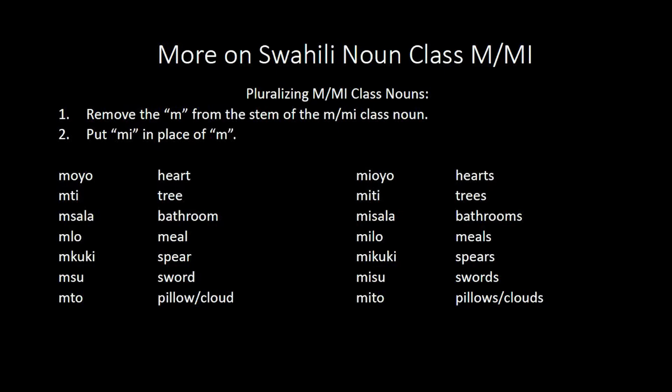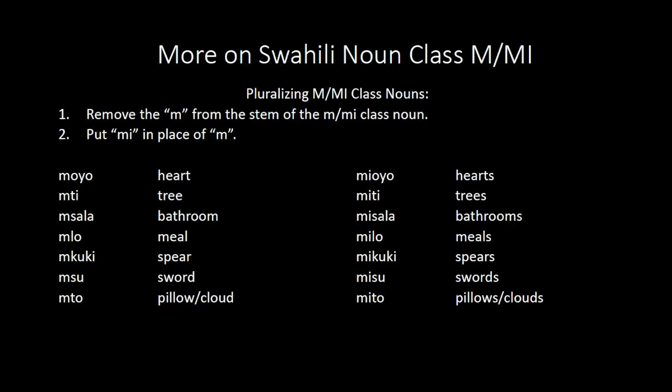Now you want to turn spear into spears. You remove the M, put MI, and mkuki, spear, becomes mikuki, spears. Sword, umsu. Remove the M, add MI, and umsu becomes misu. Sword becomes swords.